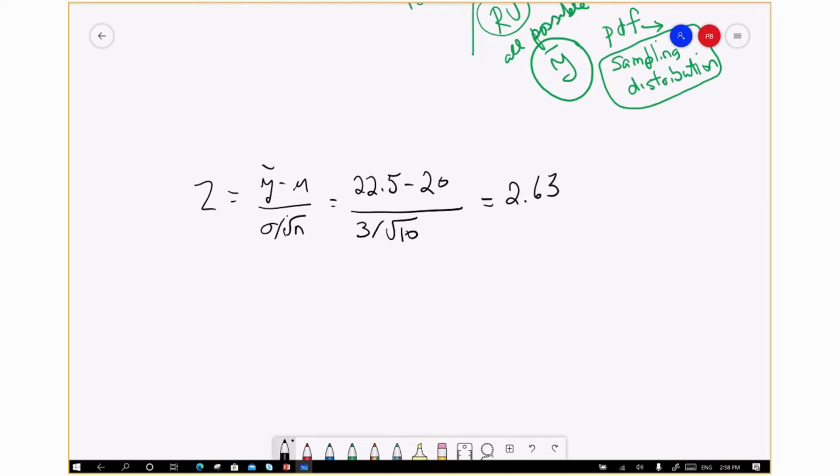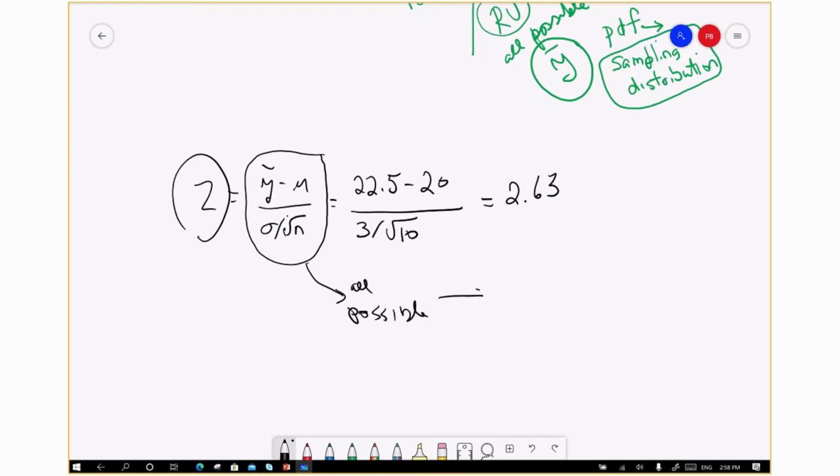So the whole idea about calculating a z value. Why do we calculate a z value? Well, what we know is that if we consider all possible values of this, they could be represented as a random variable, and we're just going to substitute capital Y bar for the lowercase y bar and get Y bar minus mu over sigma root n.